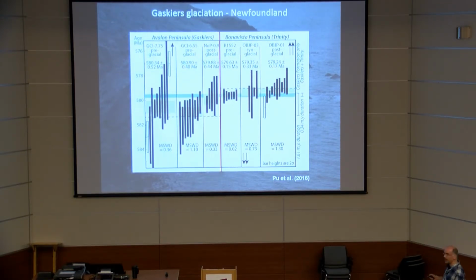But if you combine the two data sets and assume that they were synchronous, with no diachroneity, it only permits 340 thousand years. So it has to be shorter than 340 thousand years. That shows the Gaskiers glaciation was very short-lived and probably was not a global Earth glaciation.